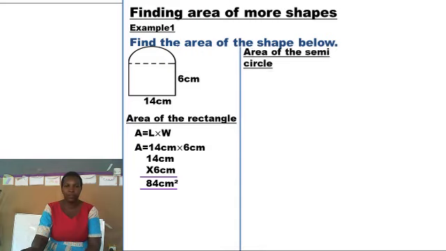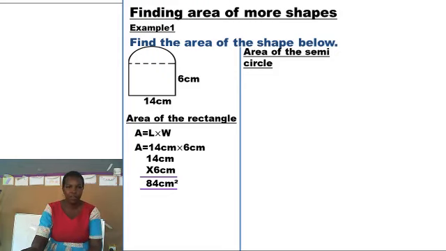Remember, my dear boys and girls, when you try to look at this shape here, what do you really identify? Remember, for you to get the area of a semicircle, you need to have the radius. But where shall we get the radius from? Looking at our rectangle, the length of the rectangle is representing the diameter of the semicircle.